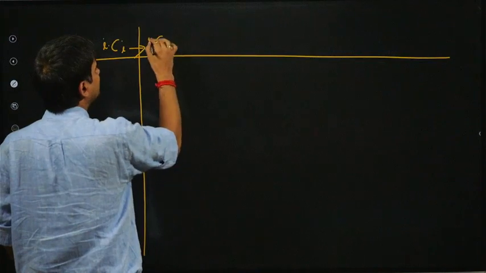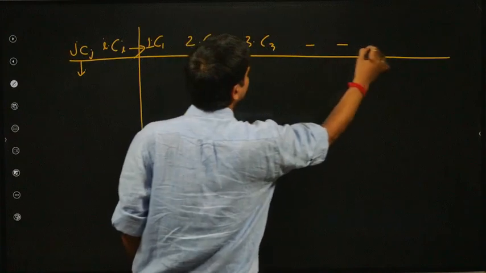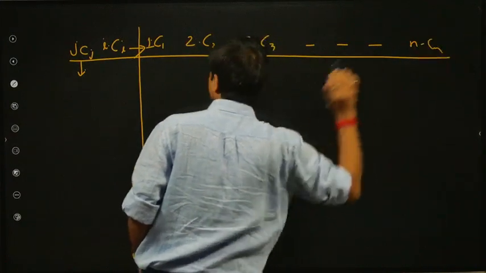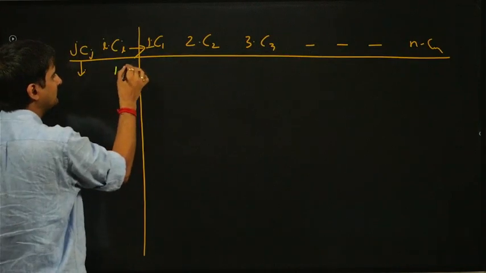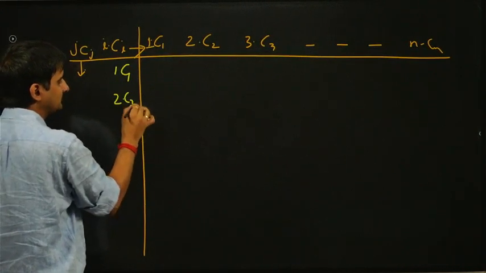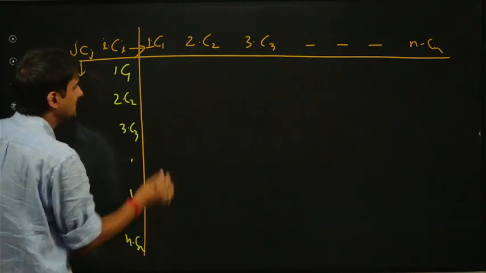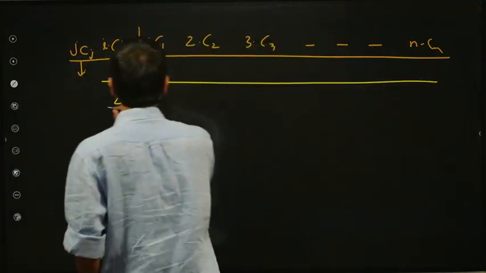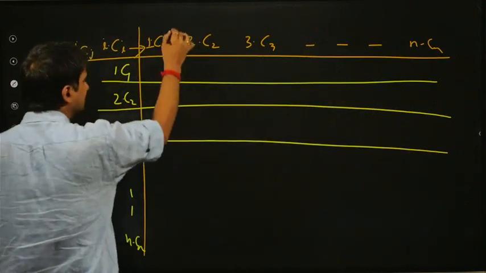So 1 into C1, 2 into C2, 3 into C3, and so on, n into Cn. Similarly, along the column also I'll be writing 1 into C1, 2 into C2, 3 into C3, dot, n into Cn. Now let's try to complete this matrix and see the pattern.